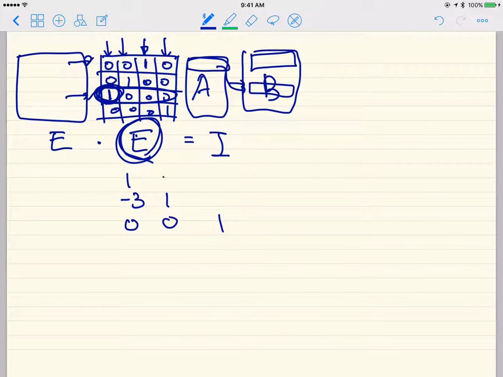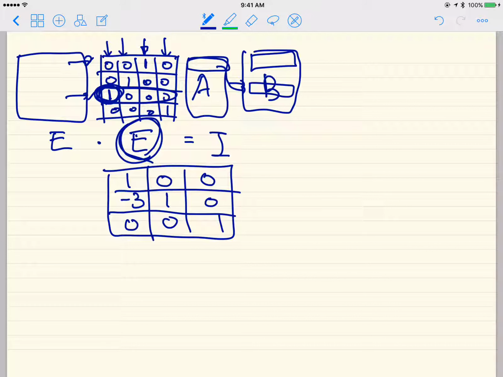Okay, I'll give you this elementary matrix, and then can anyone explain what this is doing? First of all, which row is not changing? The first and the third row. What about the second row?